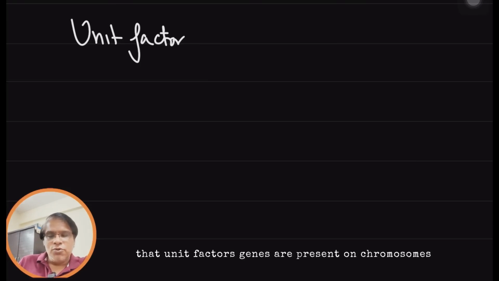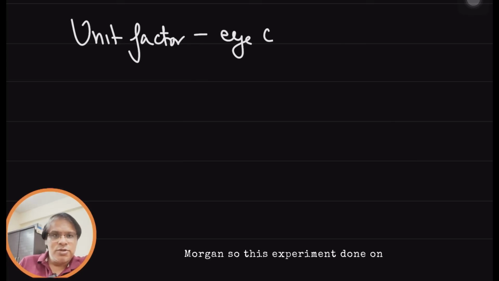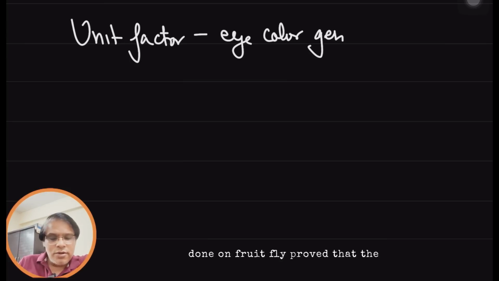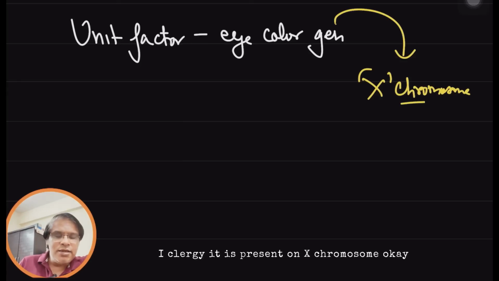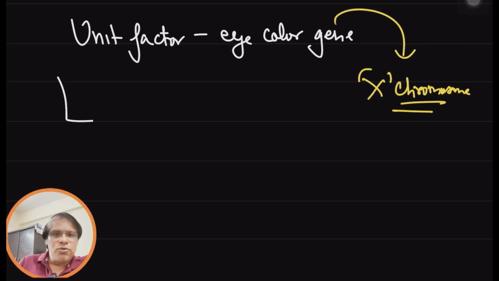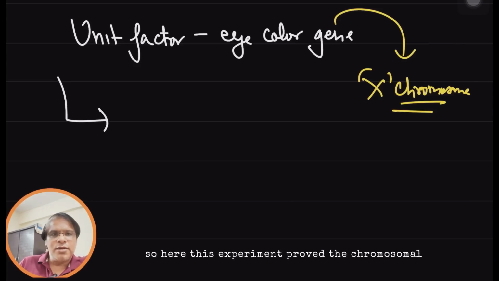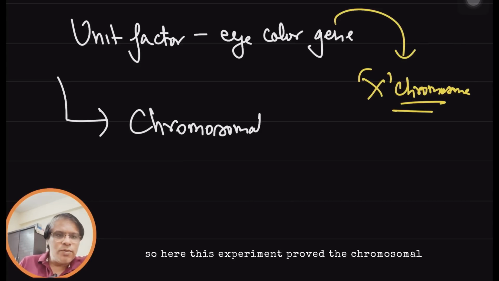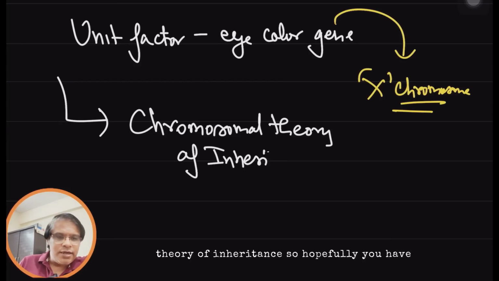That unit factors, genes, are present on chromosomes. But that was a theory. It was proved by T.H. Morgan. This experiment done on fruit fly proved that the eye color gene is present on the X chromosome.